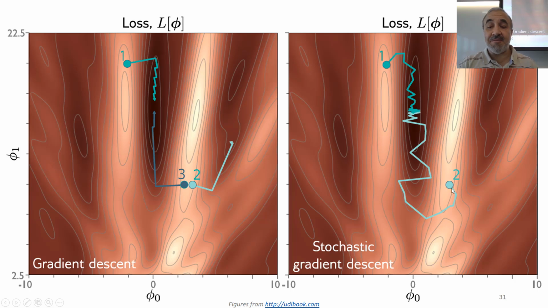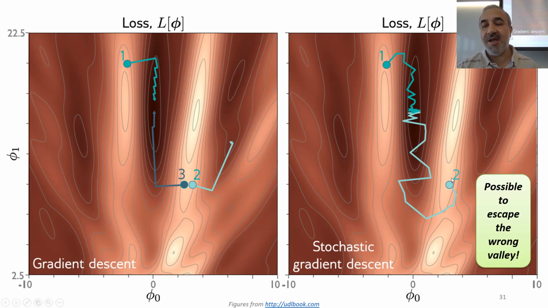But it happened that because of this randomness, in this case, we managed to go to the global minimum. We escaped the wrong value here. Of course, this is possible, but it's not guaranteed. There is a chance that we will escape the area of the local minimum and go to the global minimum.